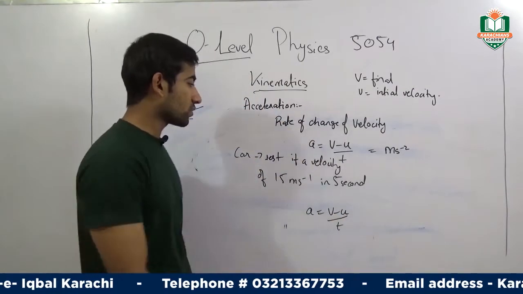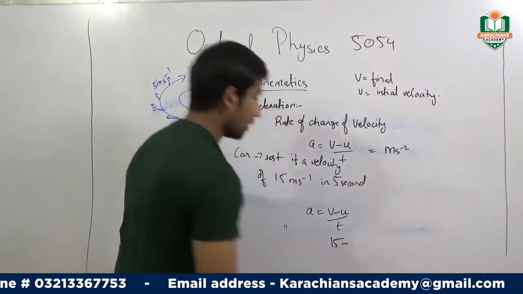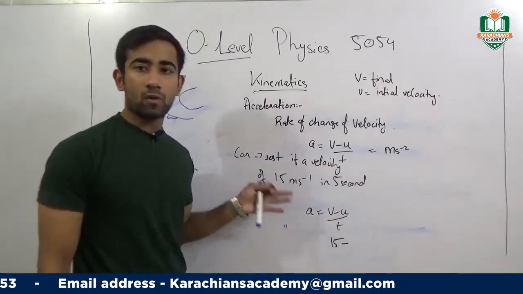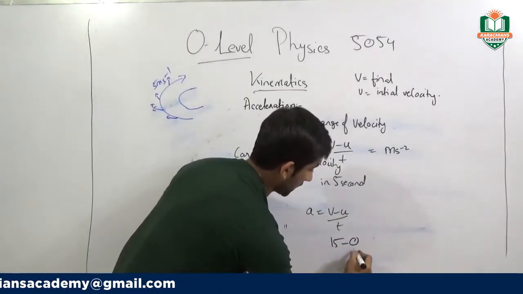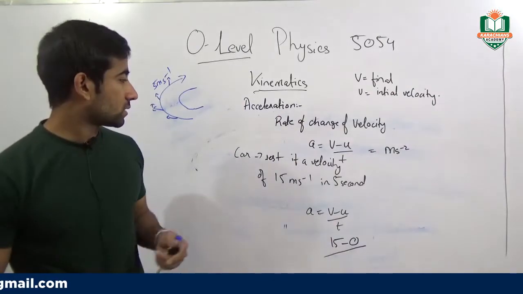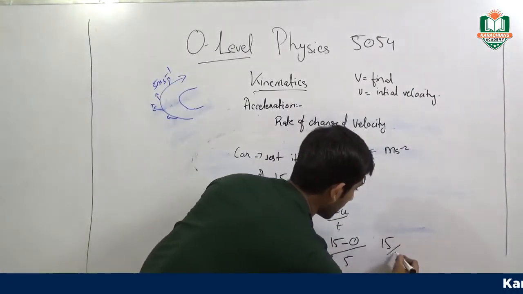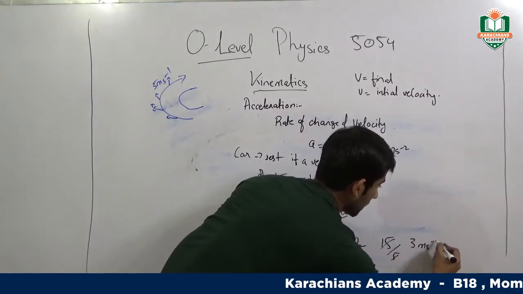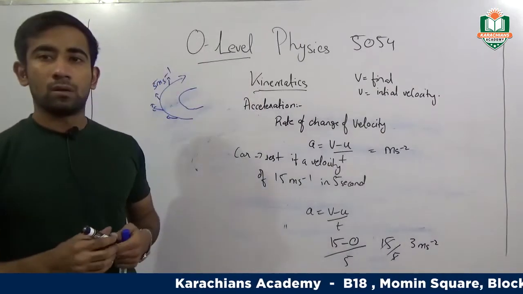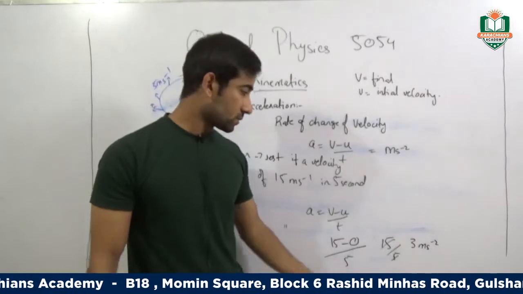In this case, final velocity is 15 meters per second, so we'll be writing 15. For u, since the car started from rest, we'll take initial velocity as 0, and we'll be dividing it by time, which is again 5 seconds. So 15 divided by 5 will be 3 m s^-2. So acceleration is 3 meters per second square in this case.